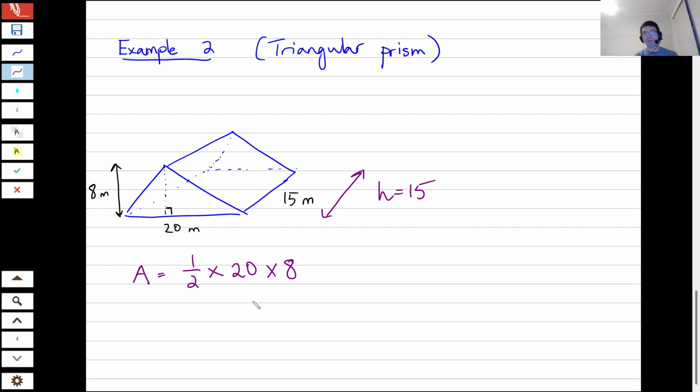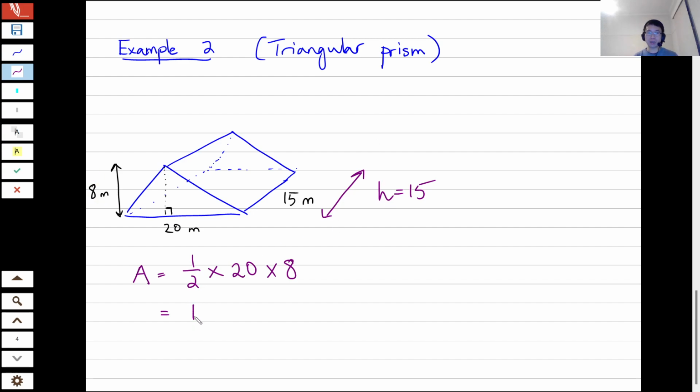So just be aware that base and height can refer to a face, such as a triangle, and also a surface and a height in a prism. So just be careful there. So this is the area of this triangle here. Notice that I gave you the height 8. If I didn't give you the height 8, this question would not be possible to solve without some further tools.